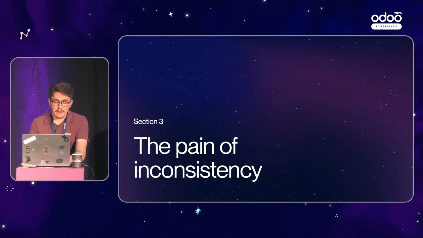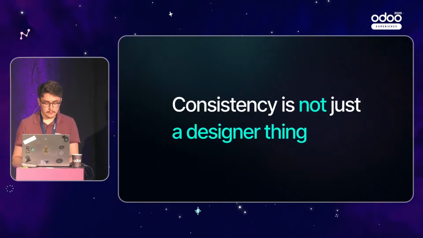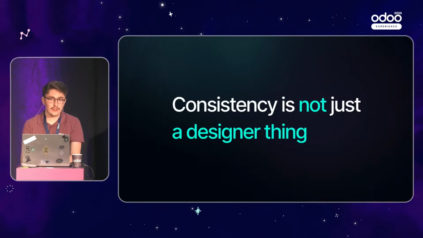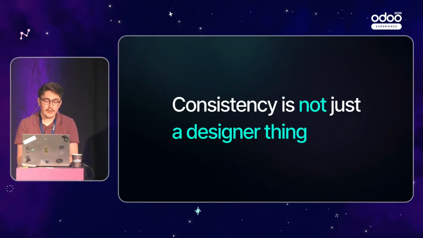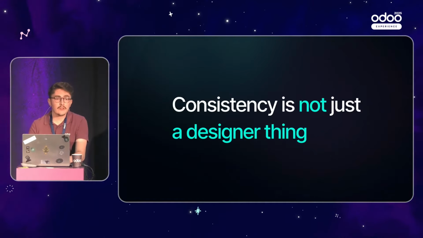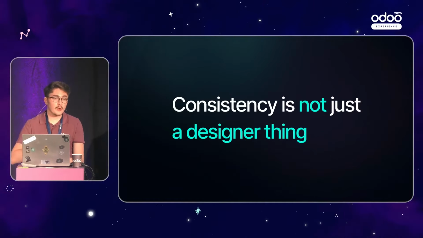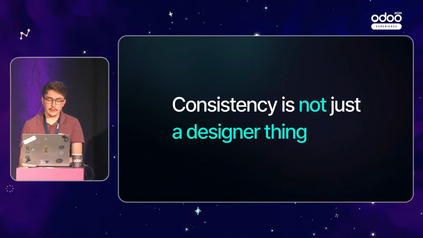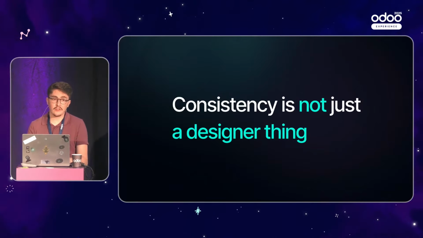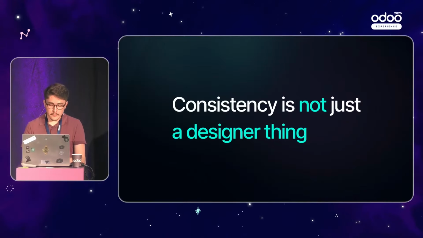So what is the pain of inconsistency exactly? Well, first of all, consistency is not just a designer thing, let's be honest. It's not something where we spend days discussing whether the button should be red, blue, yellow, or whatever. It's the job of partners and developers to take this topic and push it forward.